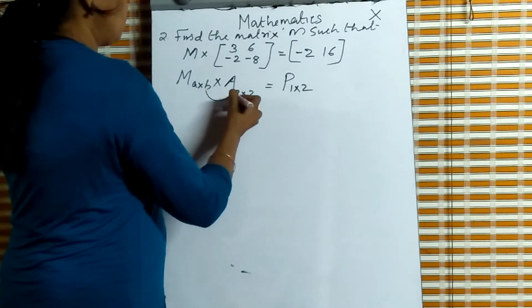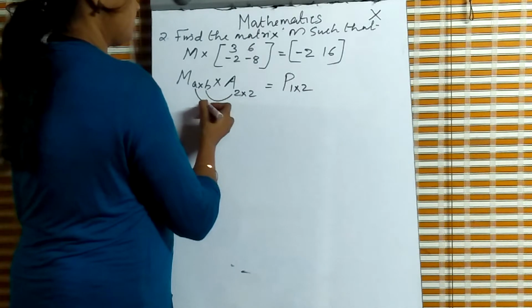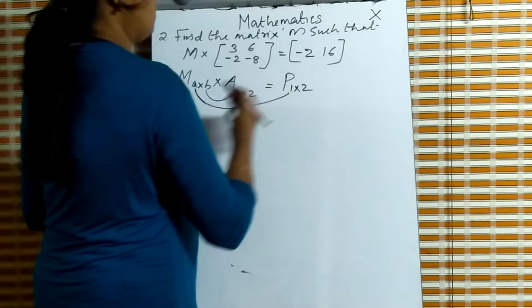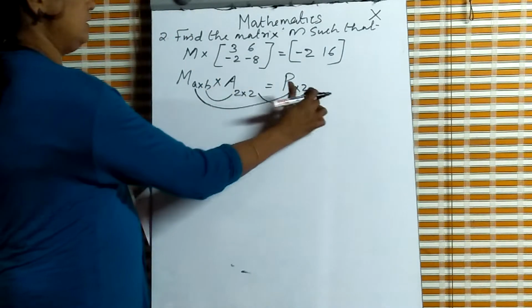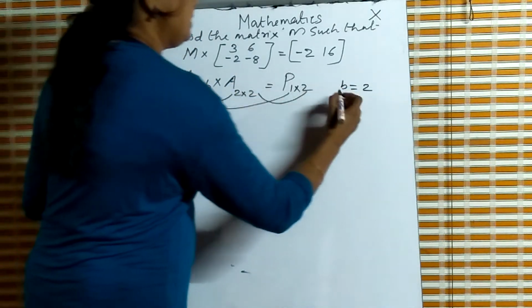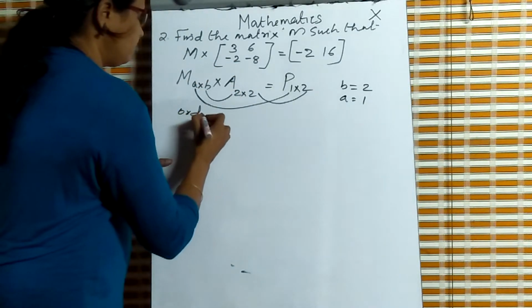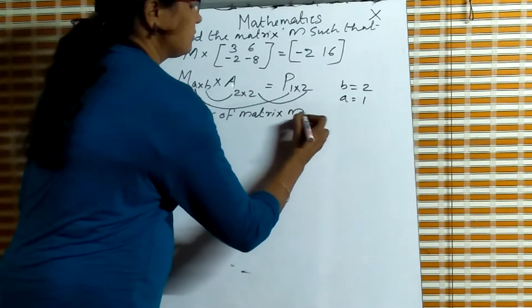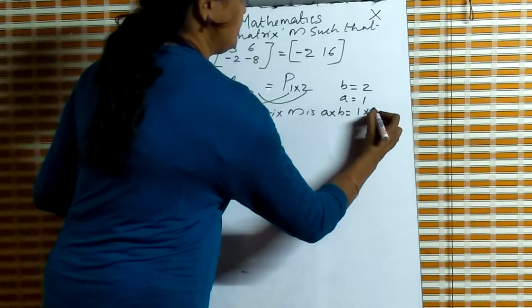Then according to our rule, these two are equal, and these two are equal. What is b? b is equal to 2. And what is a? a is equal to 1. So the order of matrix M is a by b, which is 1 by 2.